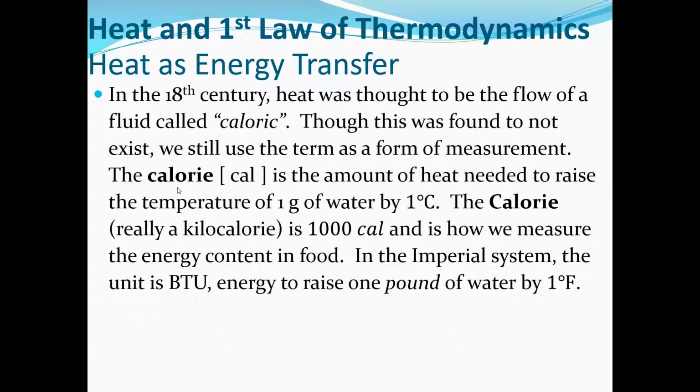So instead of 1 gram of water by 1 degree Celsius, it's 1 kilogram of water by 1 degree Celsius. And in the imperial system, the way we use in America, the unit is BTUs, or what's needed to raise 1 pound of water by 1 degree Fahrenheit.